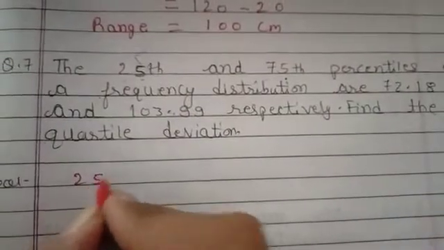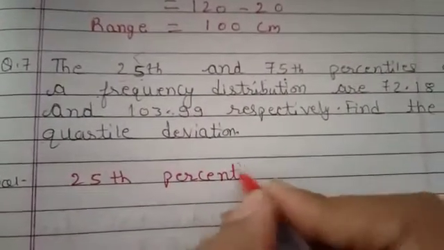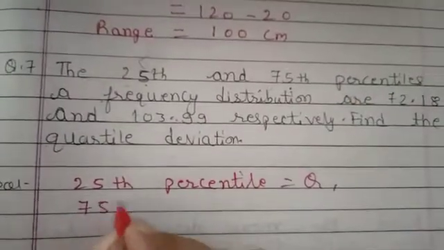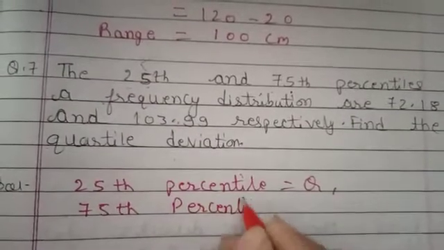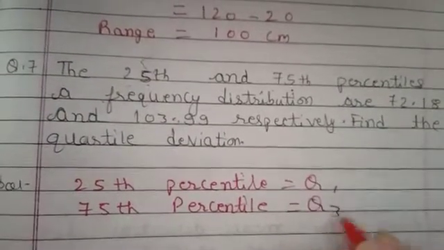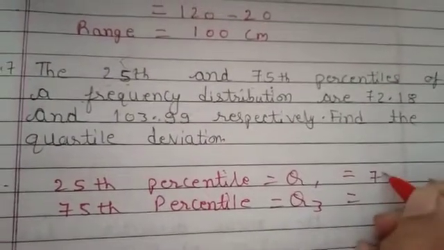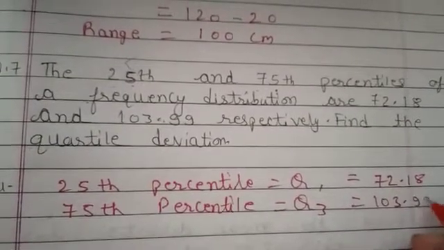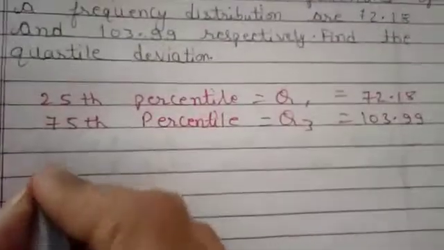Okay, so 25th percentile, that means your Q1, and 75th percentile, that means your Q3. So Q1 and Q3 value, it is directly given to us in question, which is 72.18 and 103.99. We have to find the quartile deviation, that is QD.